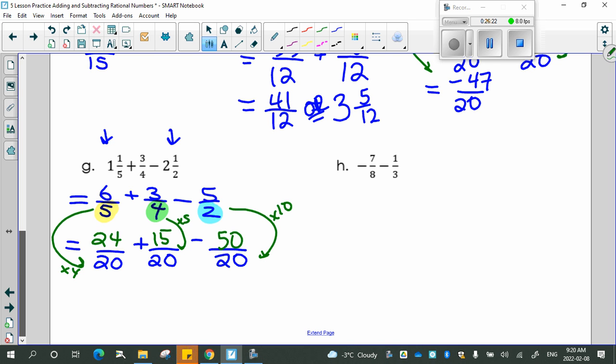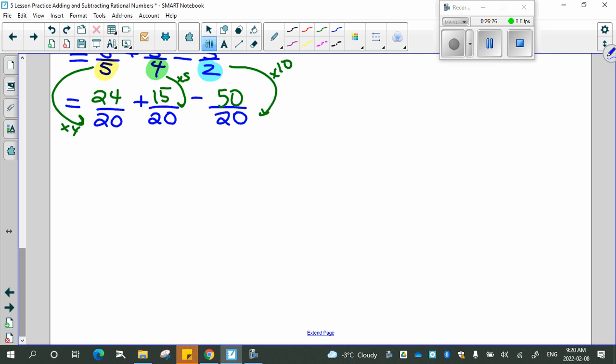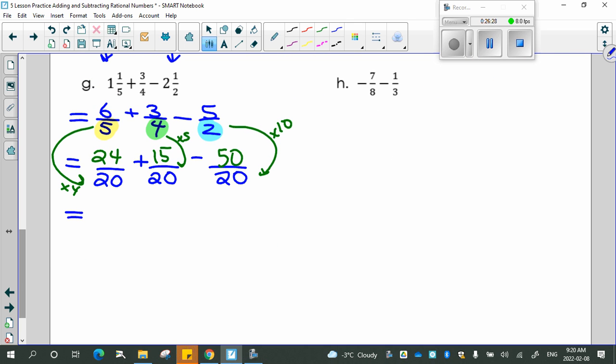Okay? Alright, so now you can think of this as 24 plus 15 minus 50 all over 20. They're all 20ths. You don't have to write this stuff if you don't want to, but you can think of it like that. So you just have to add, subtract the numerators over the common denominator.